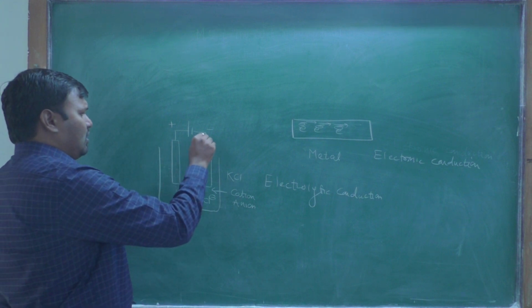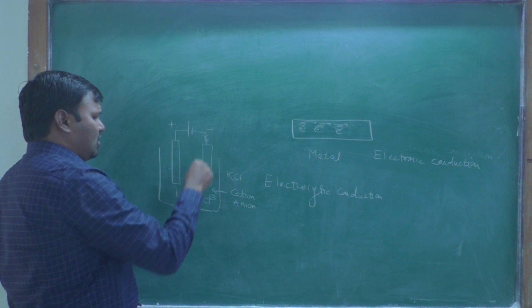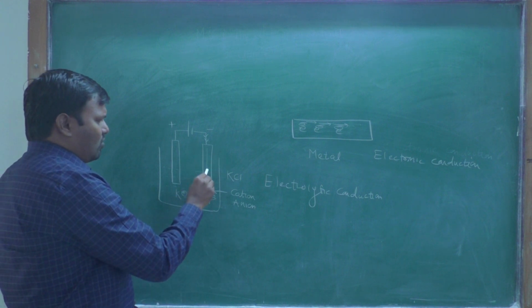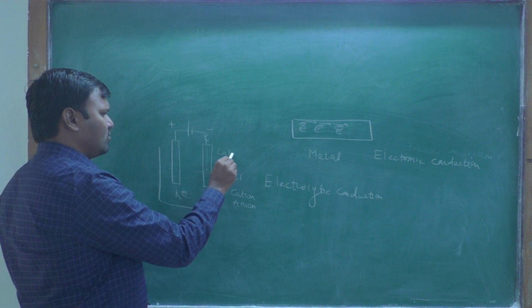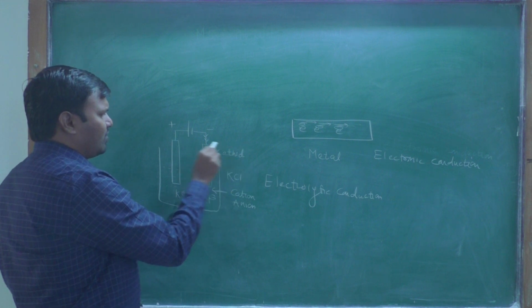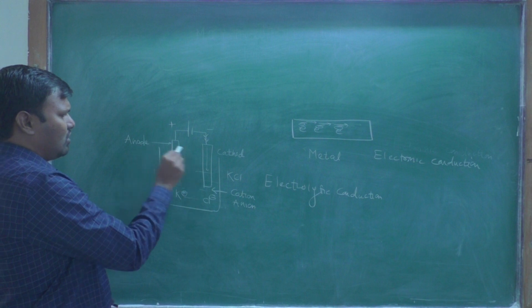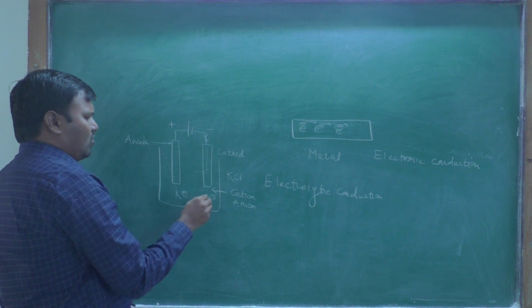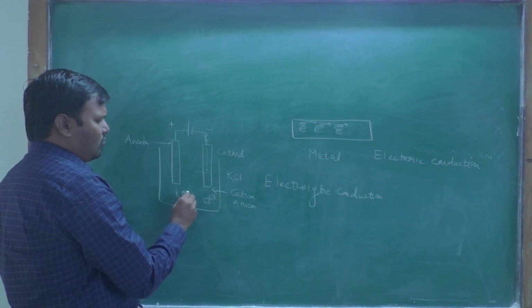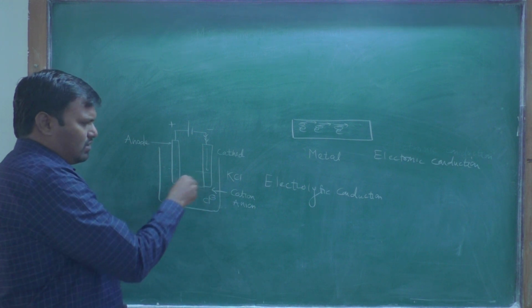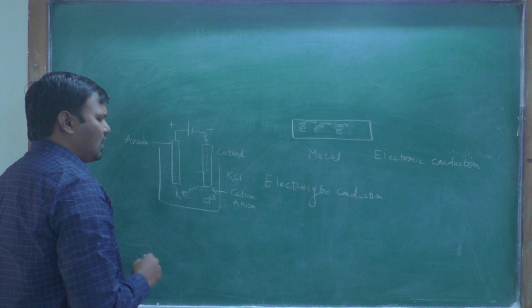Then electrons move from this side to that particular electrode. One electrode is called the cathode and the other the anode. The electrons go, and the positive ions move toward this side, take the electrons and get neutralized.